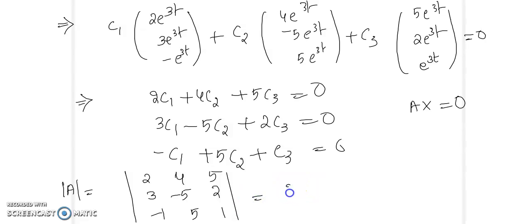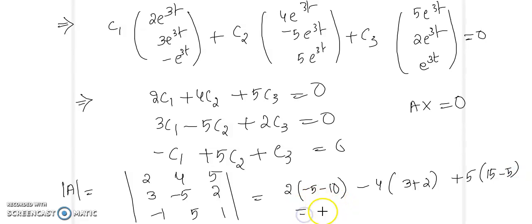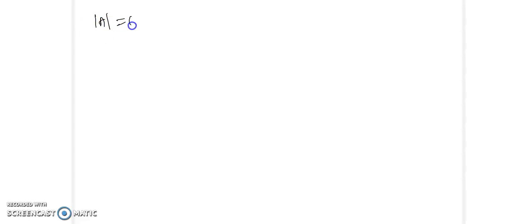So that is 2 into minus 5 minus 10, then minus 4 into 3 plus 2, plus 5 into 15 minus 5. So that is minus 30, then you have minus 20, then 50. So the determinant is equal to 0. So determinant of A equal to 0. That implies the system has a non-trivial solution.